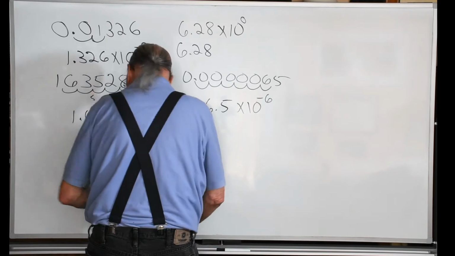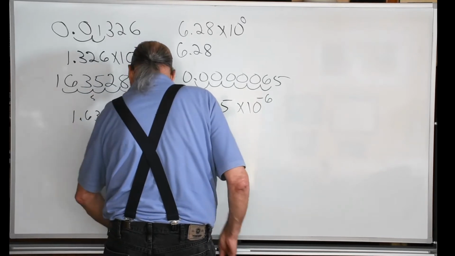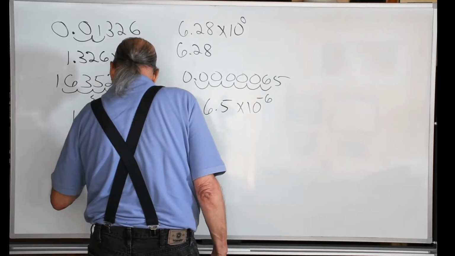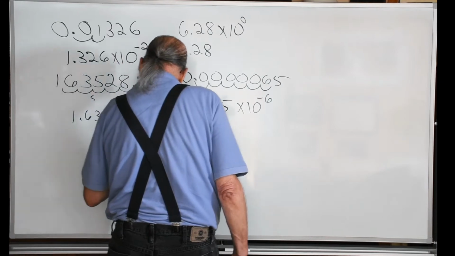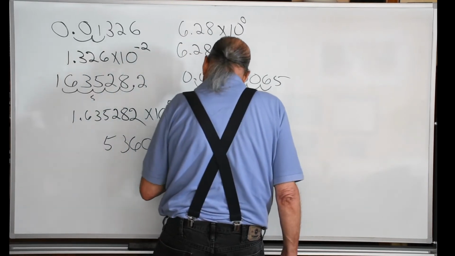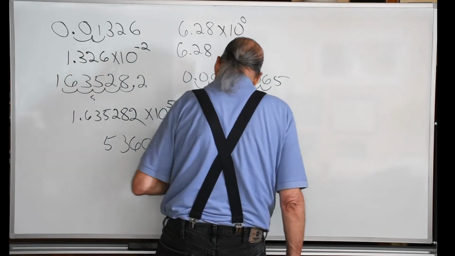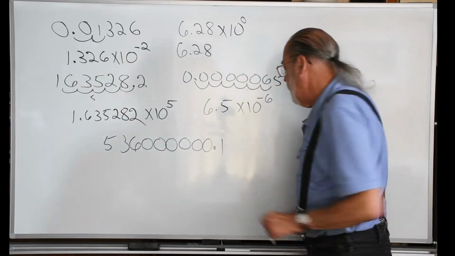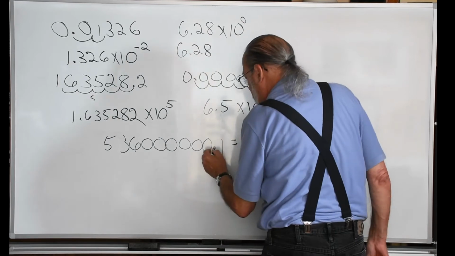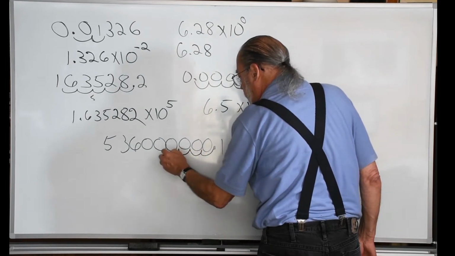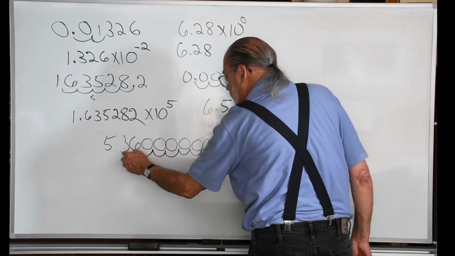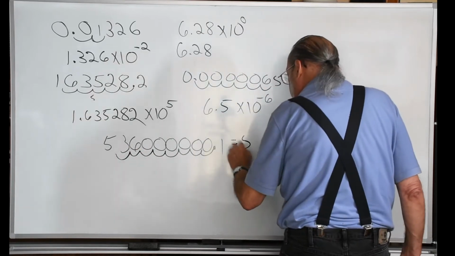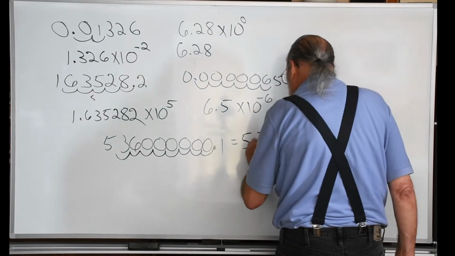If we have something like 536000000.1, this is larger than 10, so we move the decimal point 1, 2, 3, 4, 5, 6, 7, 8 places and we get 5.36.